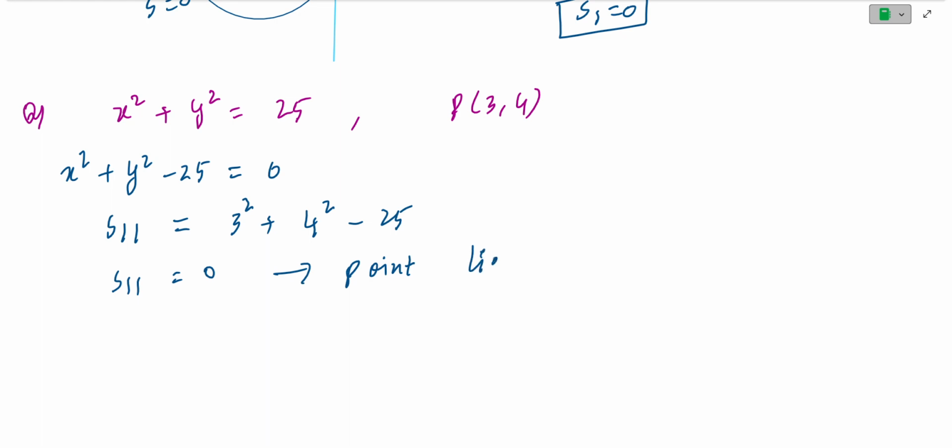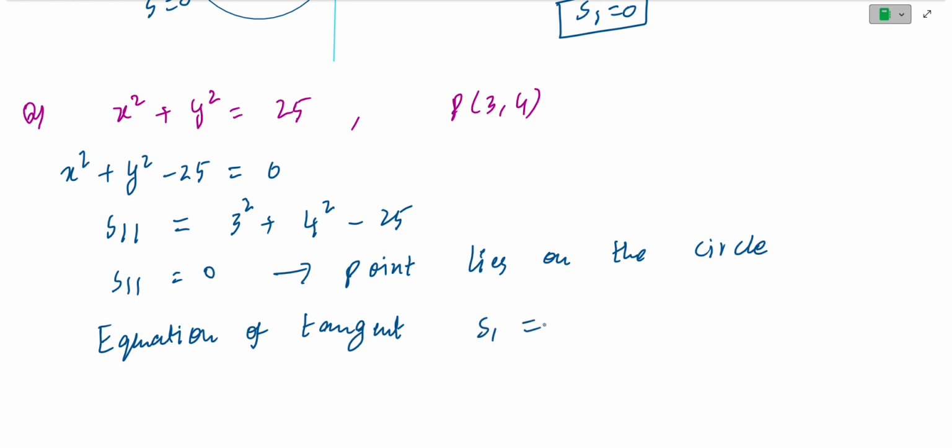Whenever the point lies on the circle, I can say that the equation of tangent is S1 equal to 0. So I'm going to write S1 equal to 0 for this circle equation. x square can be written as x into x1, y square can be written as y into y1, minus 25 is equal to 0.